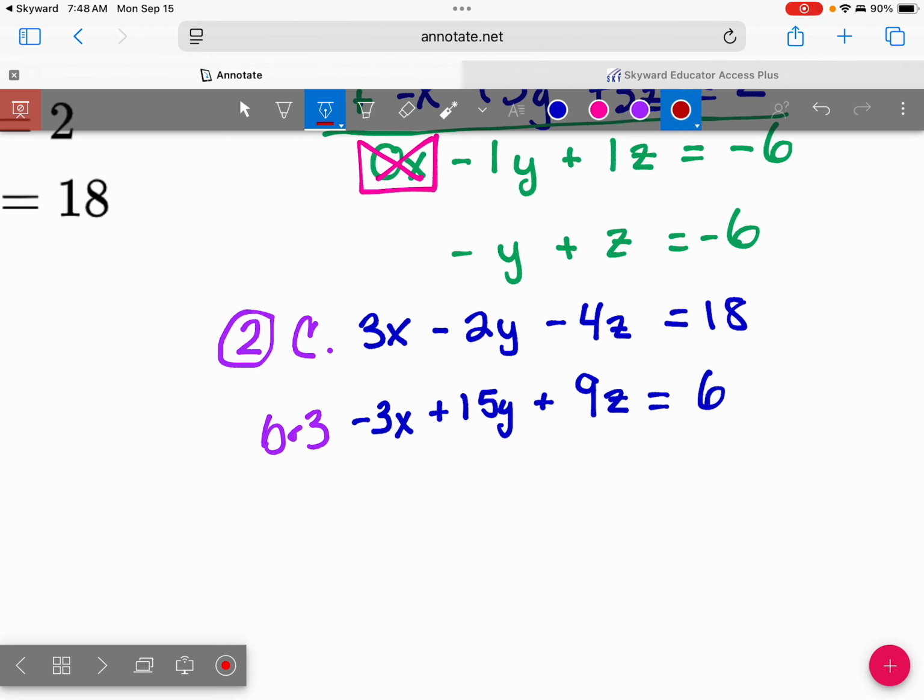And then we can add them together. Because now I have the same numbers with the opposite sign on my x's here, so my x's should eliminate out. So my 3x plus minus 3x is going to give us a 0x. My minus 2y plus 15y is going to give us a 13y.